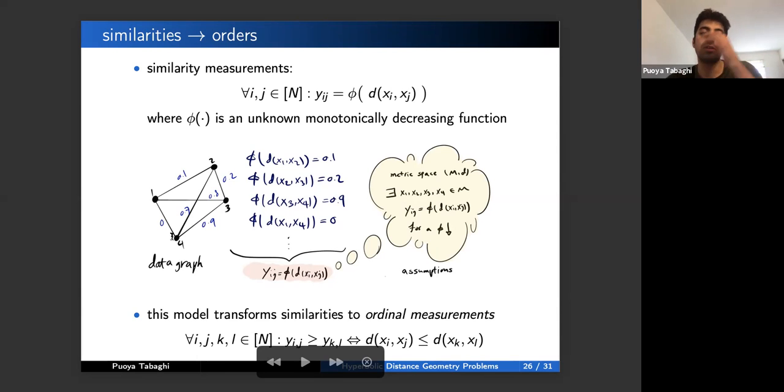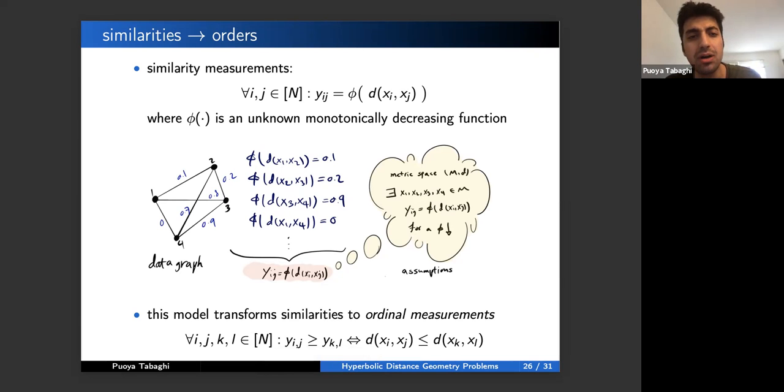An example would be you have a data graph and you get some measurements, and these are similarity measurements. So this assumption says that there is a metric space in which these x's reside, and there is a distance function on it, and there is an unknown phi function such that phi of these distances realizes these similarity measurements. This is the basic assumption here.